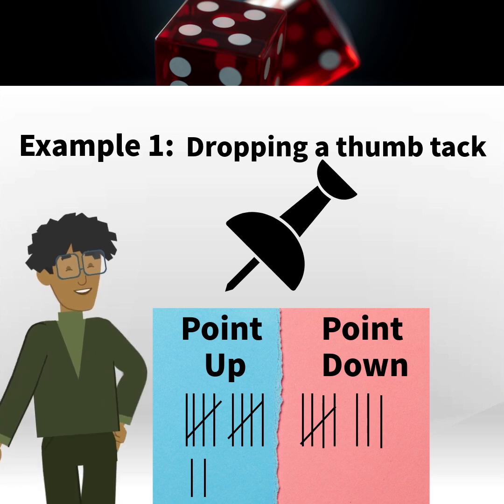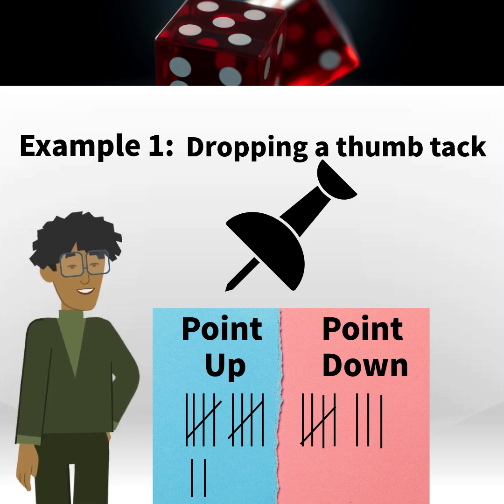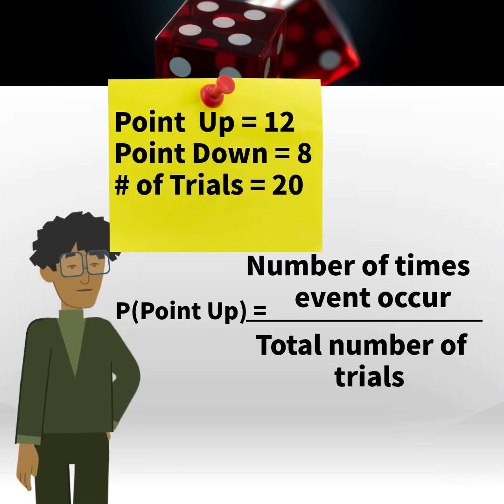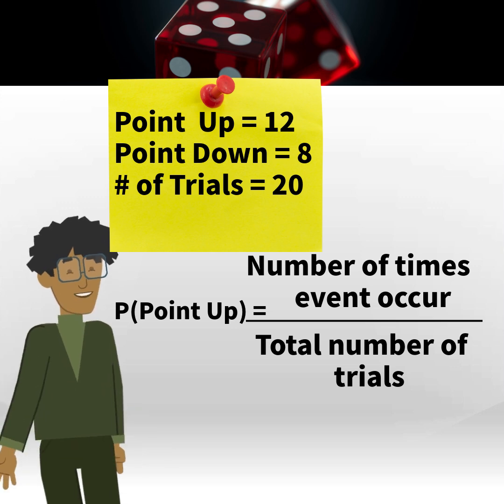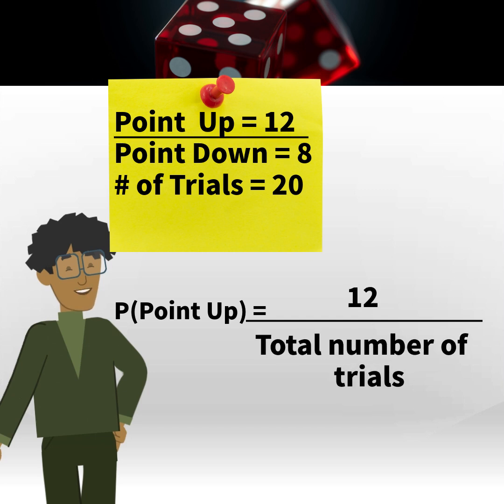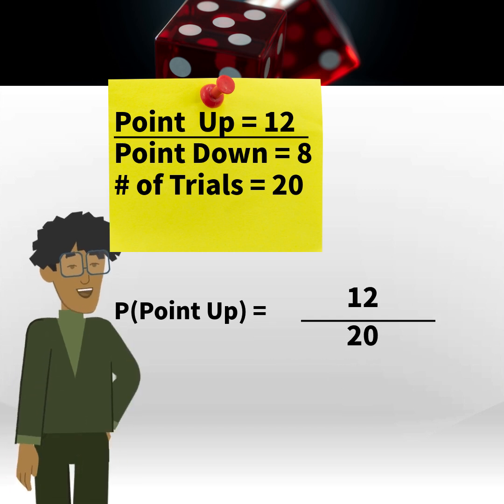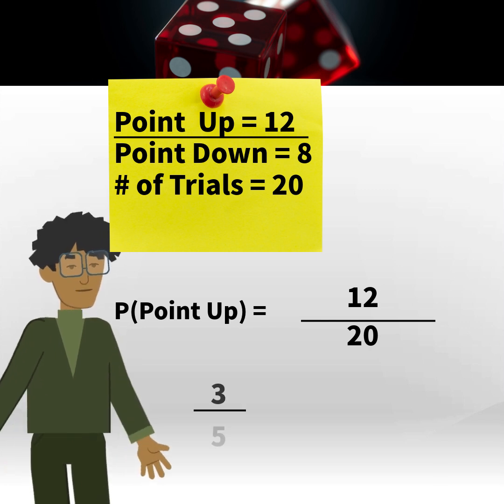Now let's calculate the experimental probability of the tack landing point up. P(point up) equals the number of point up results over the total number of drops, which is 12 divided by 20, or 3/5, or 0.6.